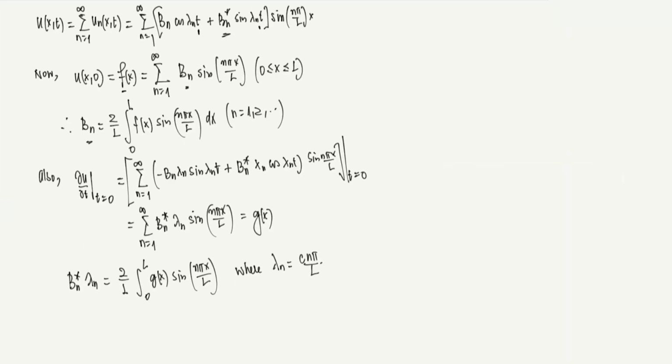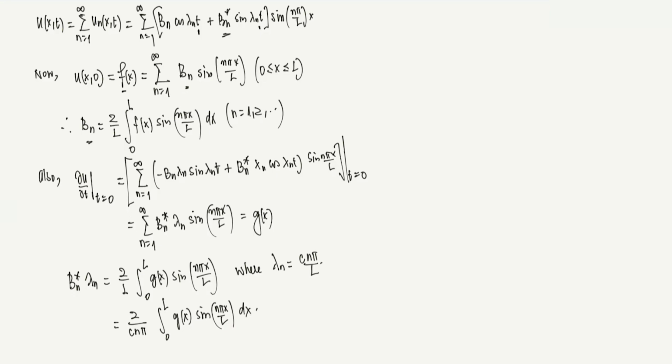So if you put it there, you get that bn star lambda n is nothing but 2 by c n pi, and then you have 0 to l g of x, and then sine n pi x by l dx.